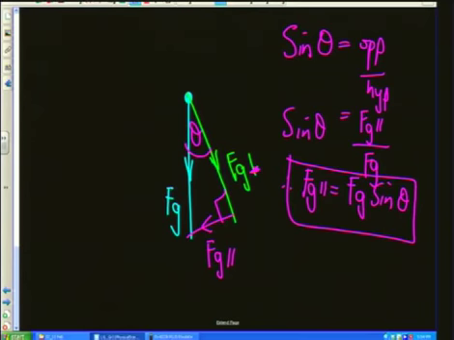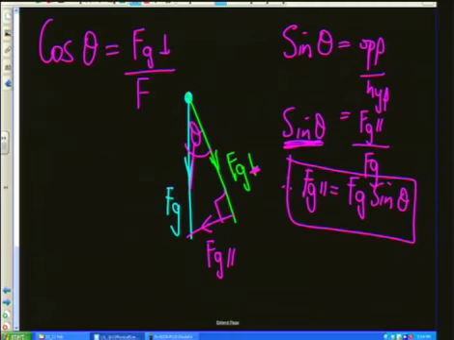In the same way, how do you then use cos? You use sine when you're looking at Fg parallel, because this is opposite the angle. Now, if you want to find Fg perpendicular, you need to use cos. Where does it come from? The cos of the angle theta is adjacent over hypotenuse. What is the adjacent side to the angle here? It is Fg perpendicular divided by the hypotenuse, which is Fg.